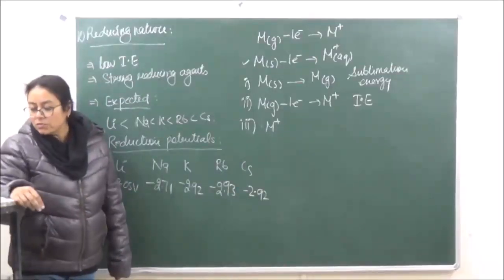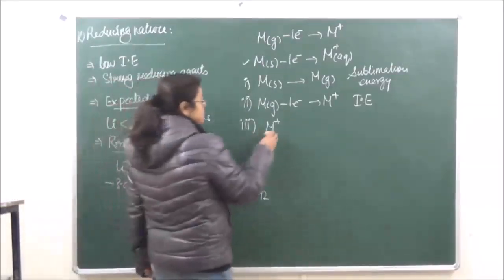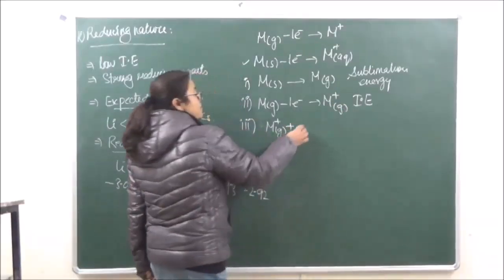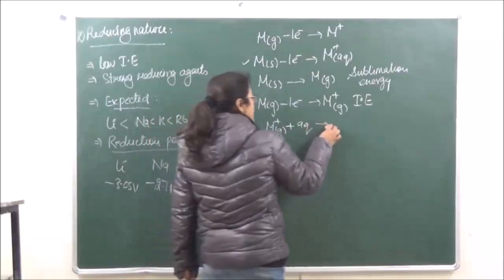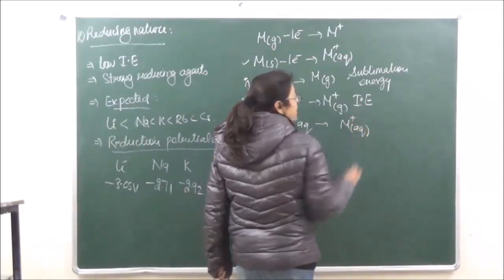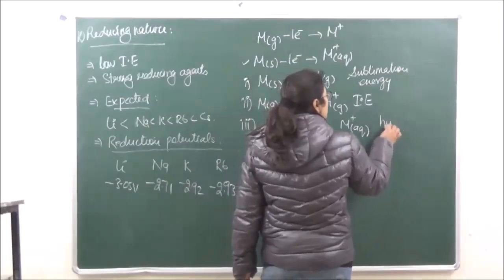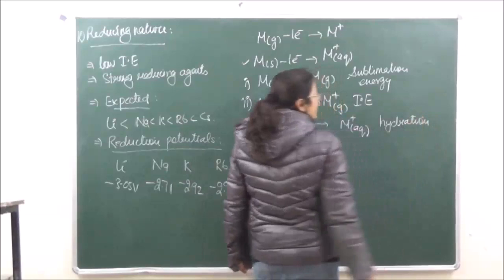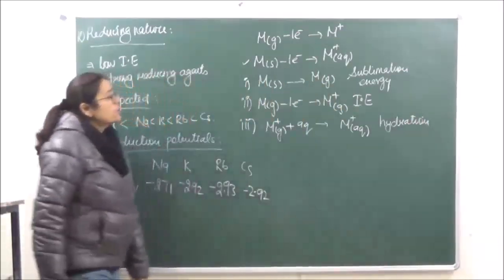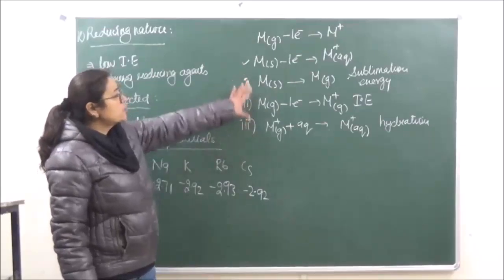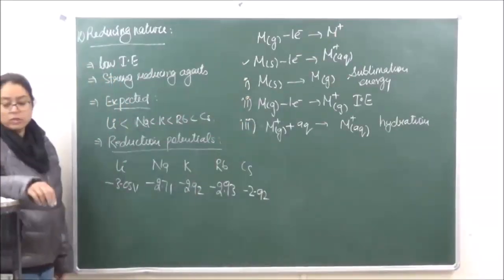So M positive gaseous plus aqueous is going to get converted into M aqueous, and the energy which is required or released over here is hydration energy. So in order to go to this particular reaction, we have to take the effect of all these energies which are going to take place.